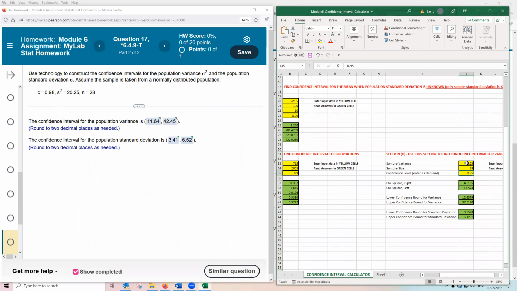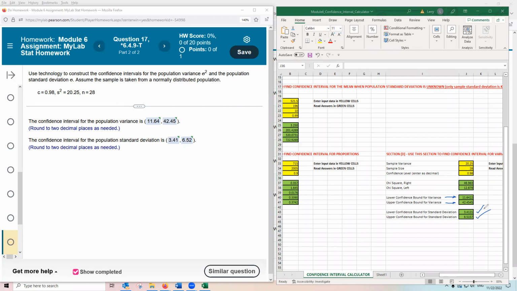And the confidence level here is 0.98. And Excel has calculated the lower confidence bound for the variance, 11.64. Upper confidence bound for the variance, 42.45. And then here are the lower and upper confidence bounds for the standard deviation as well.